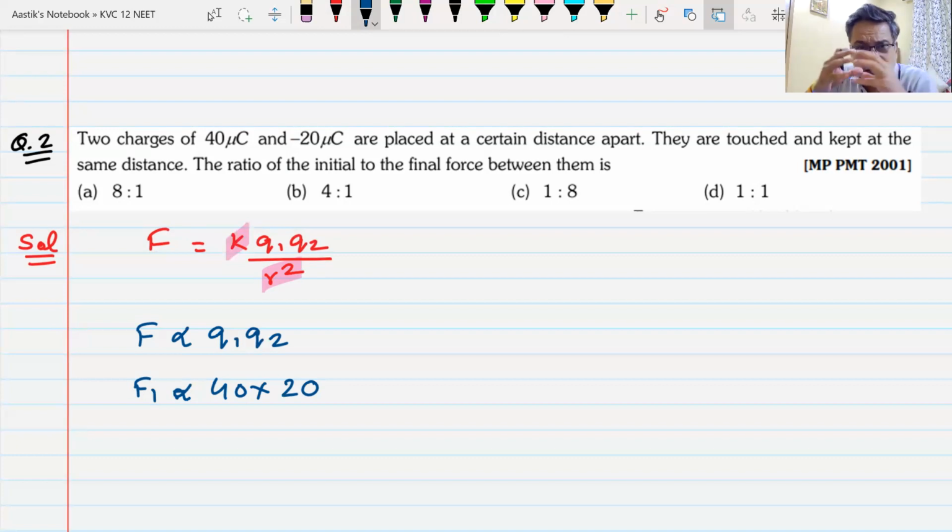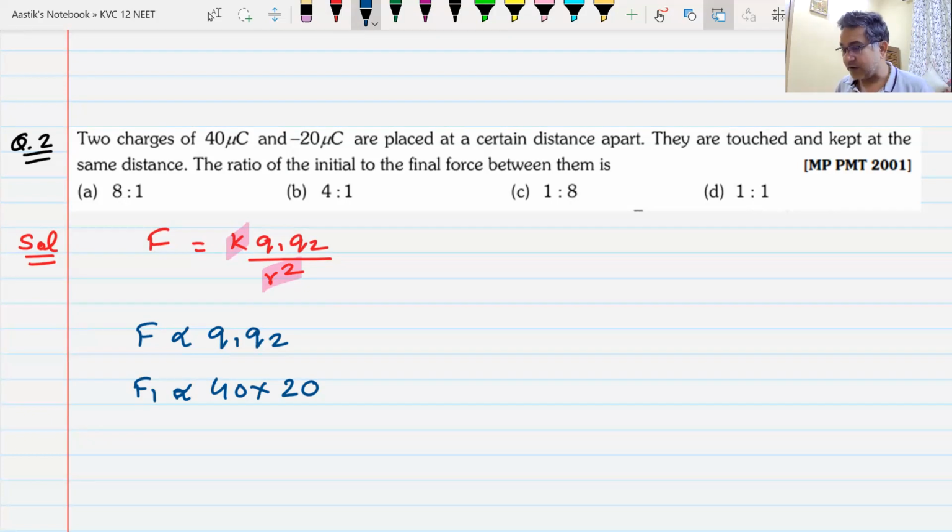Now what happens when you touch them? We will see this in much more detail in the chapter on capacitance. They come to the same potential. If the shape and size are the same, the total charge will get redistributed, and the total charge should remain the same.